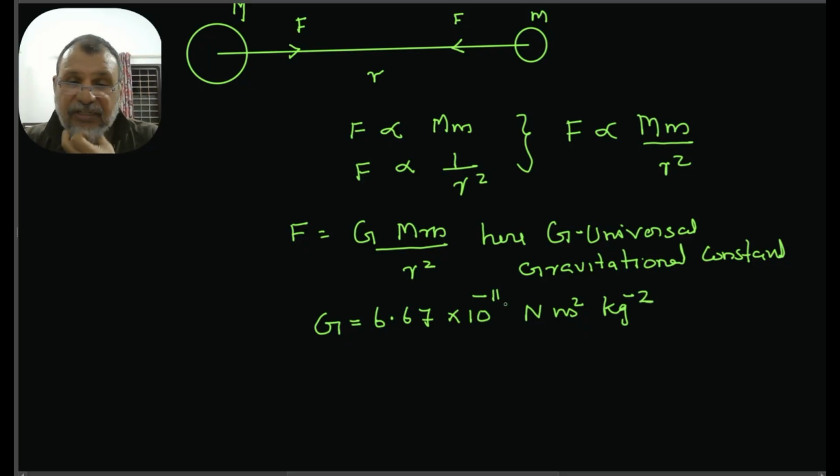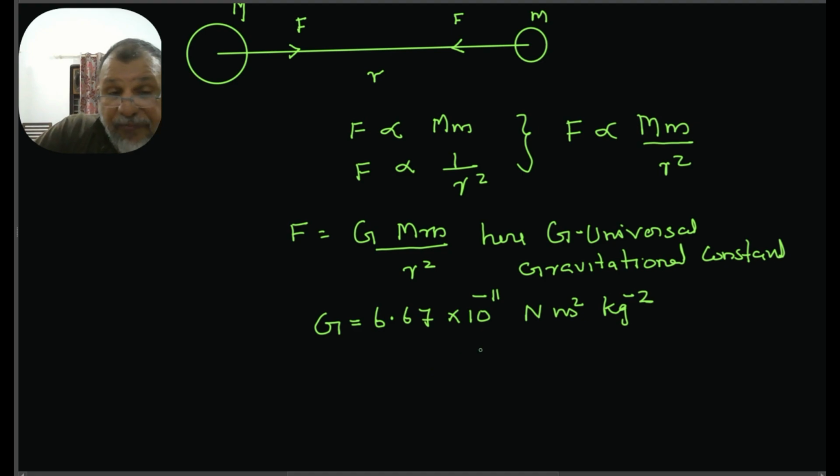You can see that the value of G is extremely small. This is the reason why gravitational force is extremely small compared to the electrostatic force.